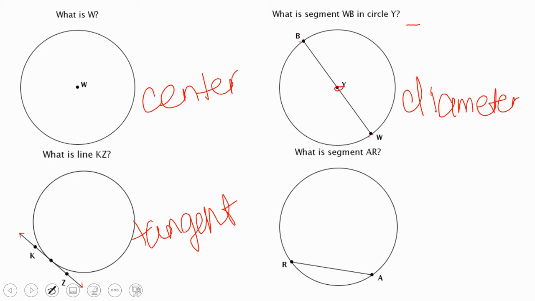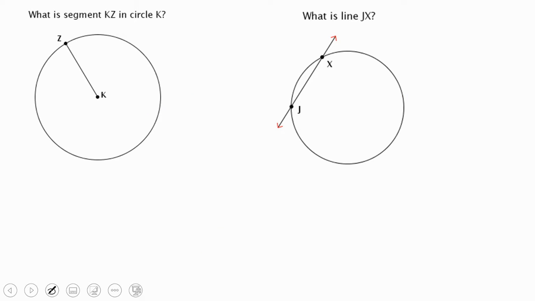What is segment AR? A segment has to be either radius, diameter, or chord. It's touching 2 points on the circle, so it has to be either diameter or chord. It's not going through the center, so it has to be a chord. Right, 2 more. What is segment KZ? Radius, diameter, chord.